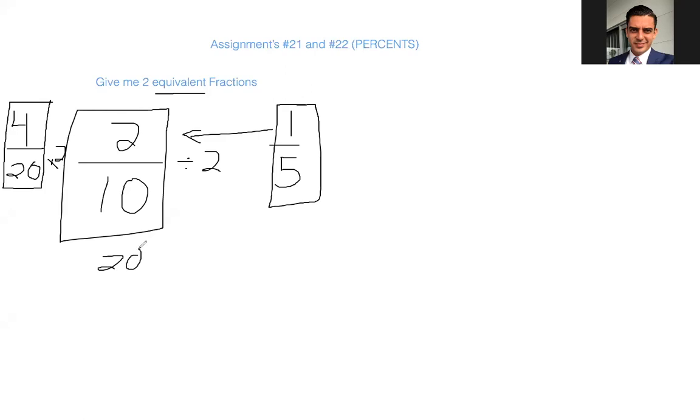This is 20%. This is also the same thing as saying 20%. And this is also the same thing as saying 20%.